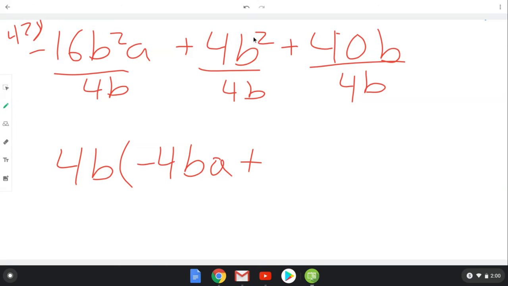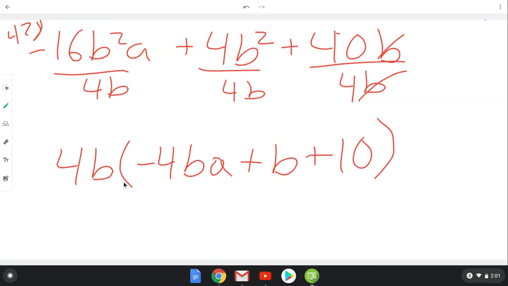And then b squared divided by b again is b. So I don't have to write the 1 because I have the b there. I could write it as 1b, but I don't need to write that 1. And then I have 40 divided by 4 is 10. And b divided by b is 1. So I just have 10 here. So the b's cancel.